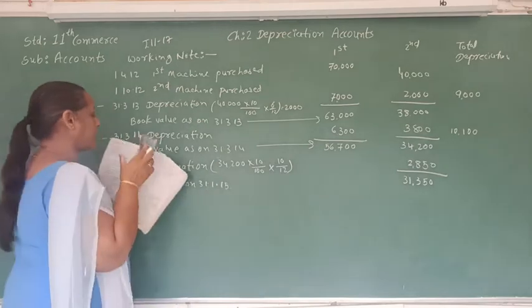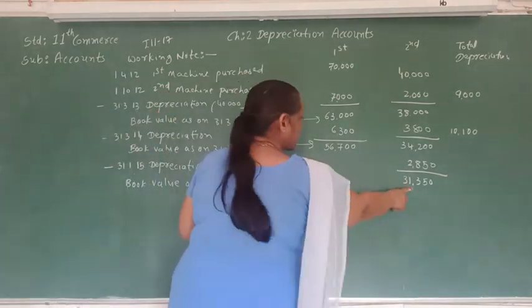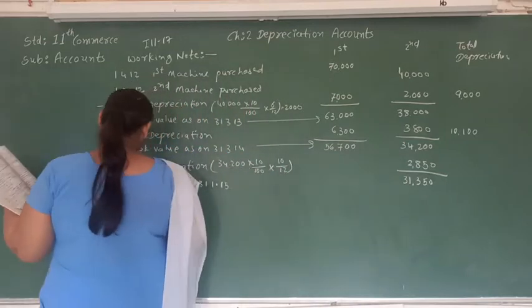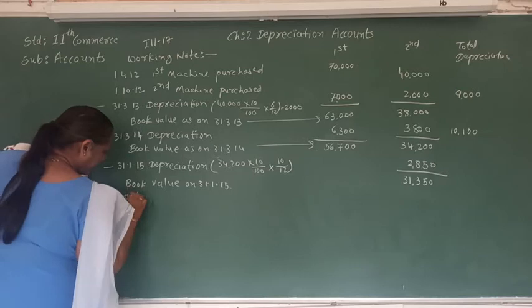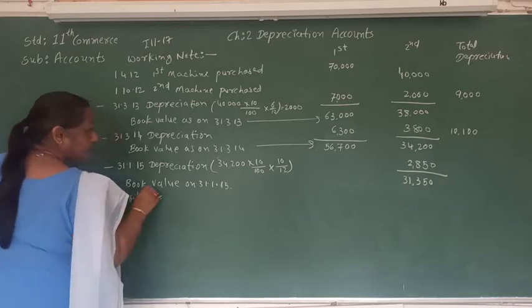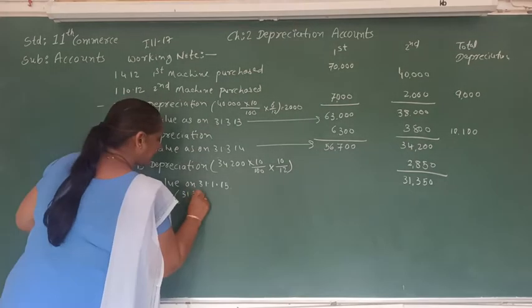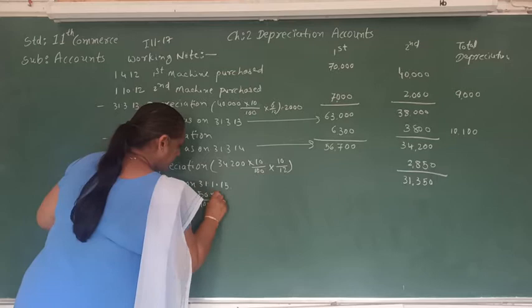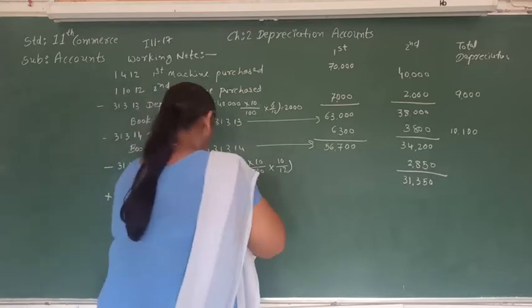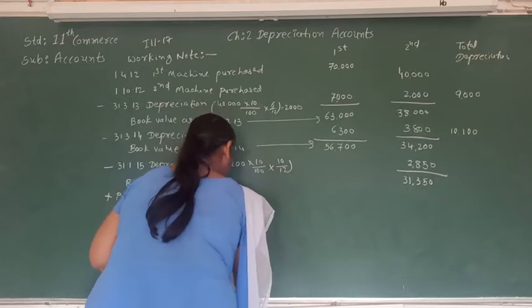Here they are asking us to add the profit of 20% on this. So let's add the profit portion. Profit at 20% will be 20% of 31,350, that is 6,270.